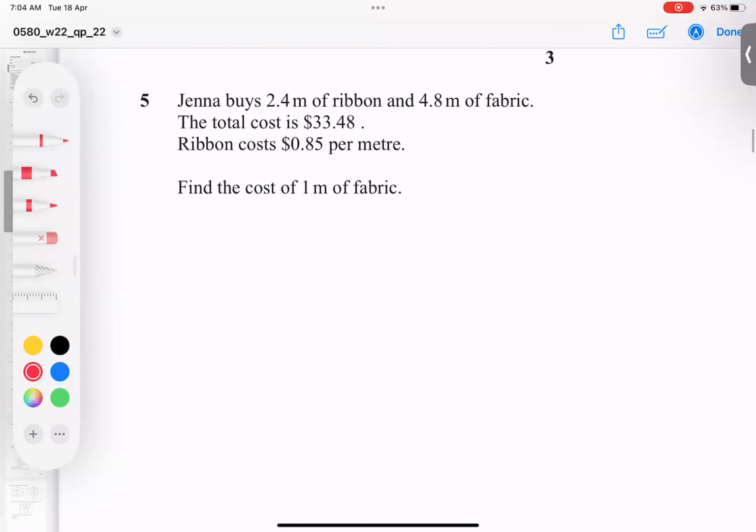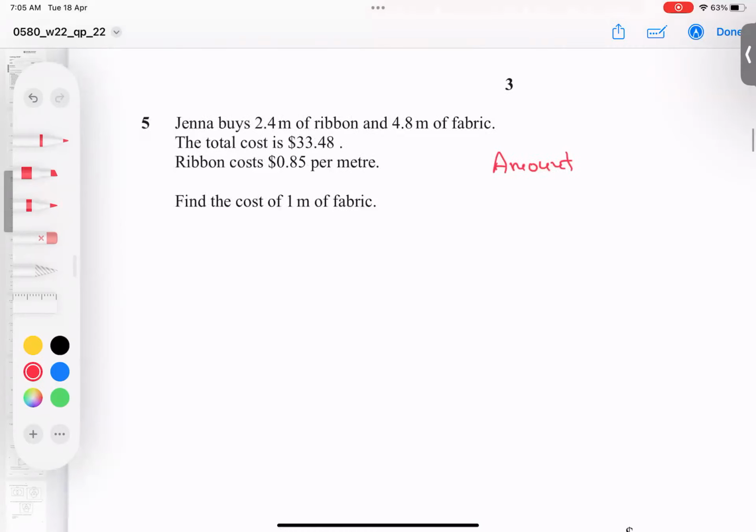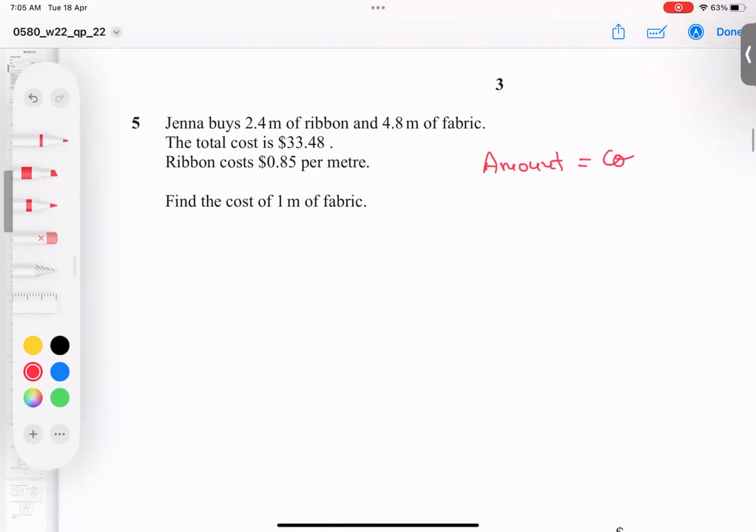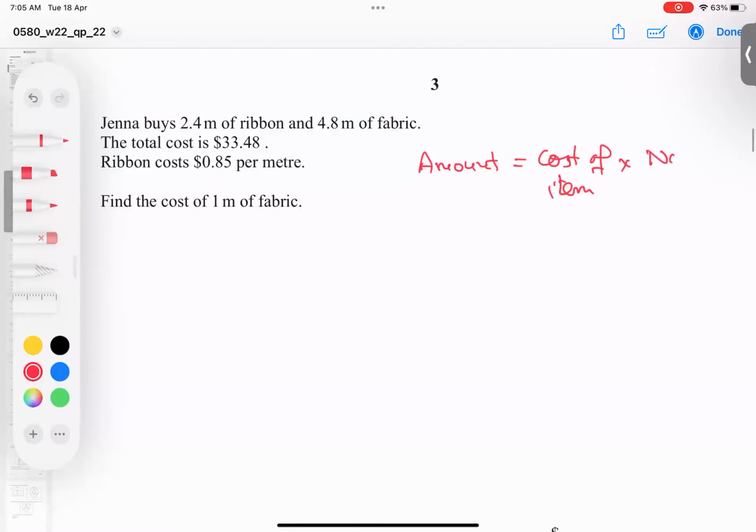He's saying here J buys 2.4 meters of ribbon and 4.8 meters of fabric, and the total money spent is given. So we have basically one formula: amount is equal to cost of item multiplied by number of items.